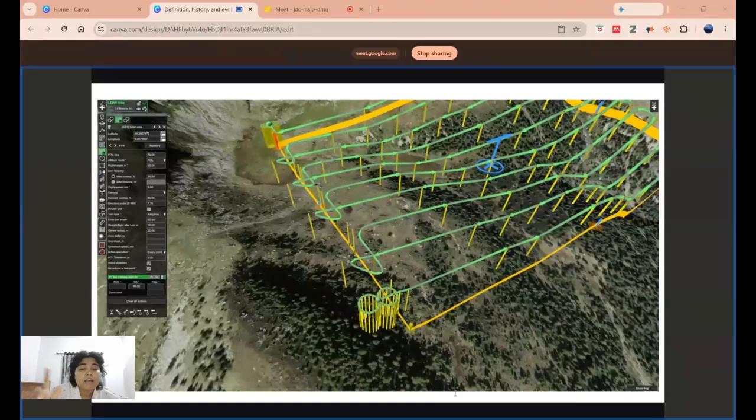LiDAR stands for light detection and ranging. So the drone has its own source. The sensor has its own source, sends some light towards the surface, and that light comes back and is sensed by the sensor.